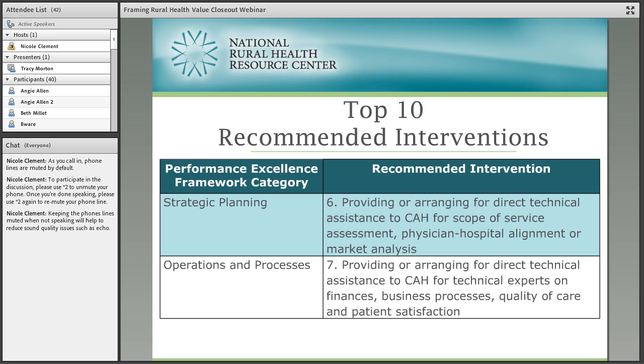So I see it as my mission to help the systems view the critical access hospitals higher in the food chain, and work with them, before last, at least in the middle of the food chain. So we're working on that too. We're working on a lot of things here in Virginia.